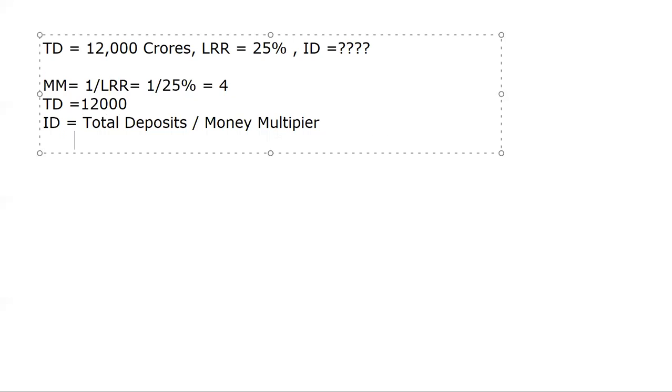So total deposits are 12,000 divided by 4. So it would be equal to rupees 3,000 crores.